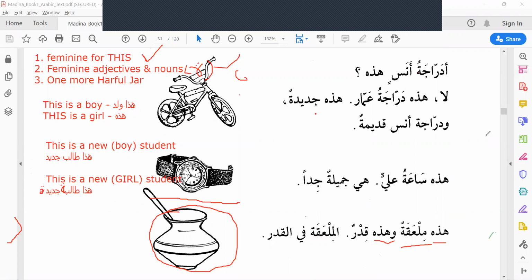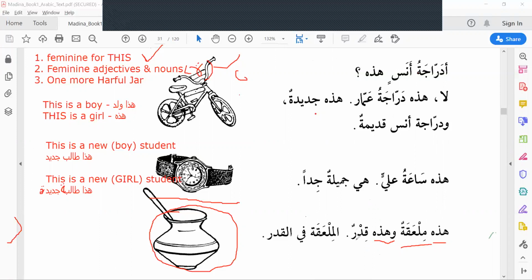Shamsun also doesn't have a ta, but we use the feminine. Hadihi qidrun. So this is the exception. Since Arabs used this word as feminine, we are also using it as feminine, although there is no ta here.